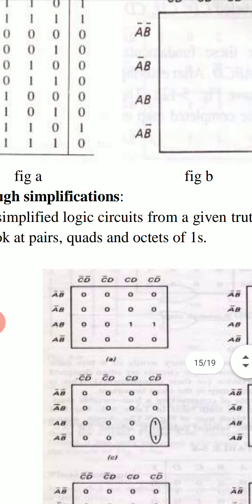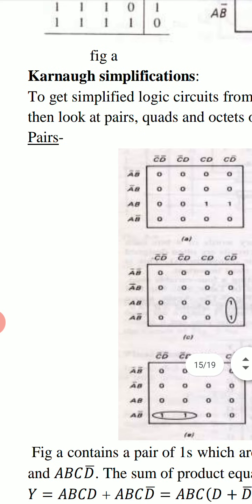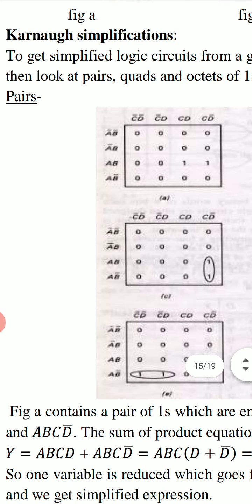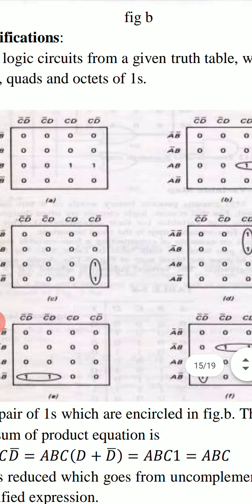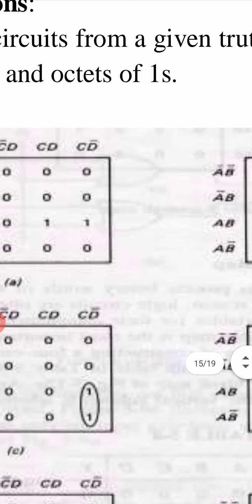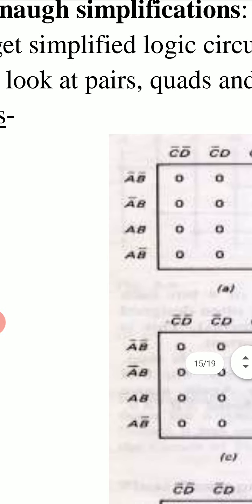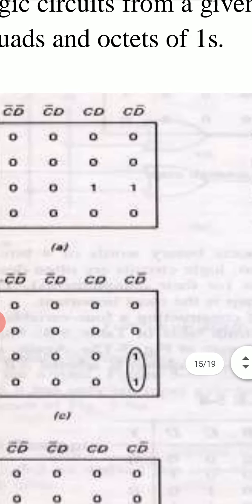Now we will see how we can make the simplification using a Karnaugh map. Karnaugh simplification: to get simplified logic circuits from a given truth table, we first construct the Karnaugh map and then look at pairs, quads and octets of ones.